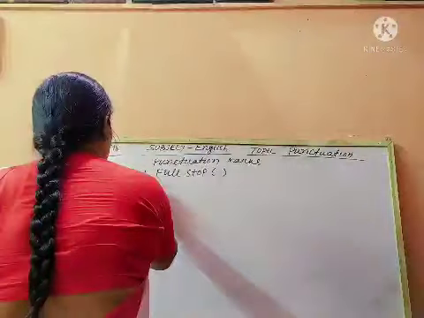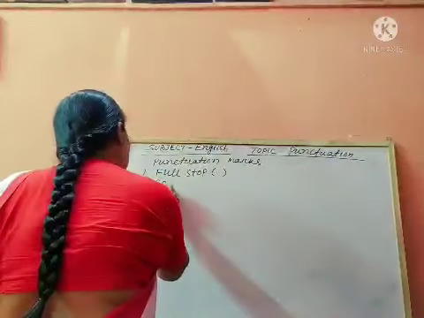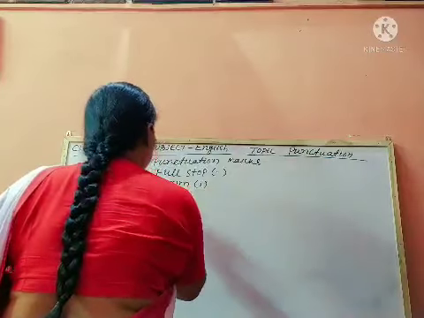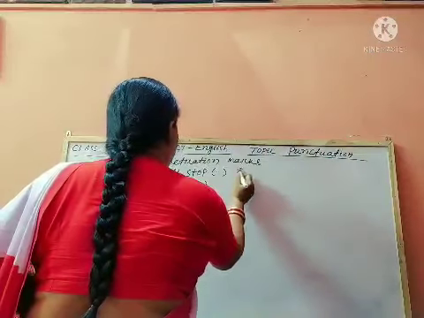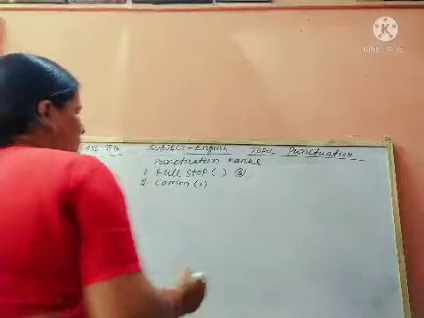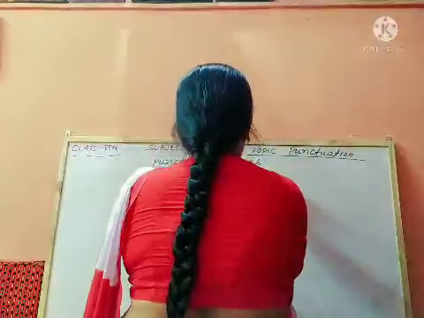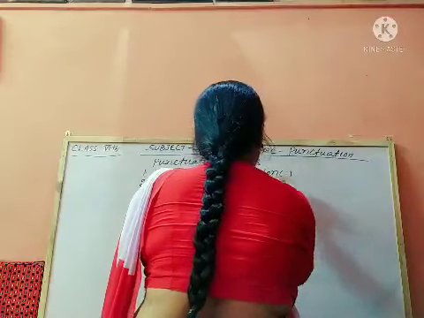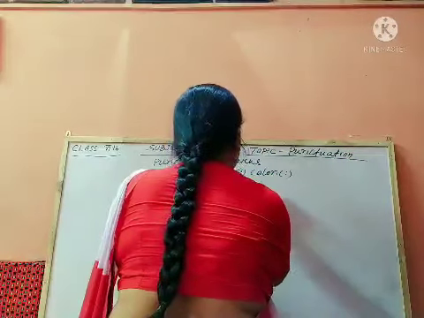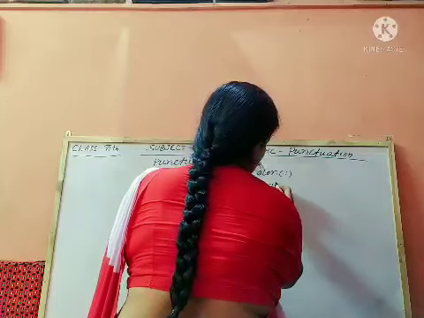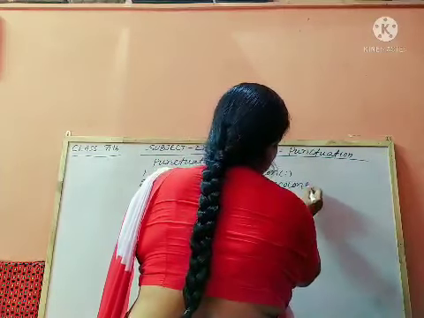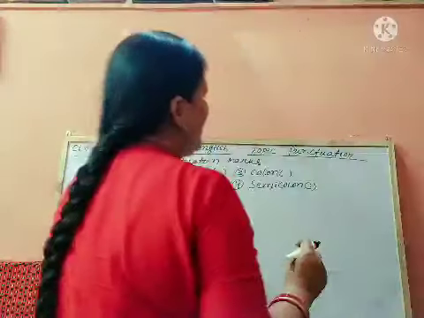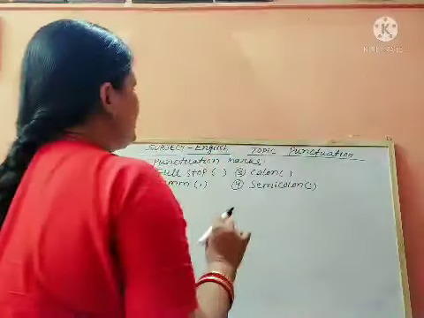Next, comma. The third punctuation mark is colon. The fourth punctuation mark is semicolon.